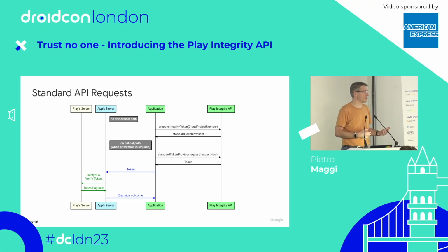The request hash is practically a hash of the most critical information inside your API request. Imagine that you are asking to buy some coins in a game. It's going to have the information about the account that is buying, the amount of money, how many coins, and so on. There is a limit, I think it's 500 bytes, that you can put in for this request hash.